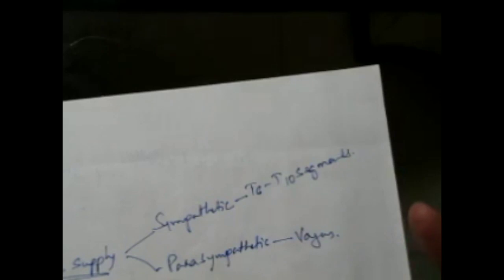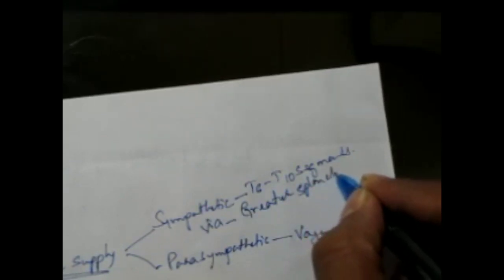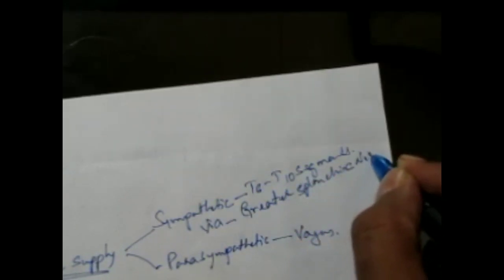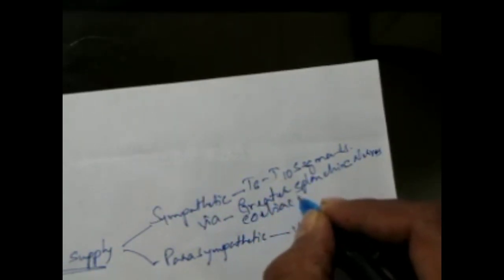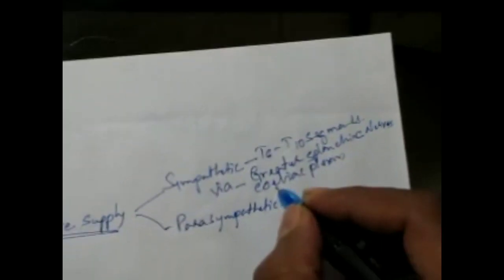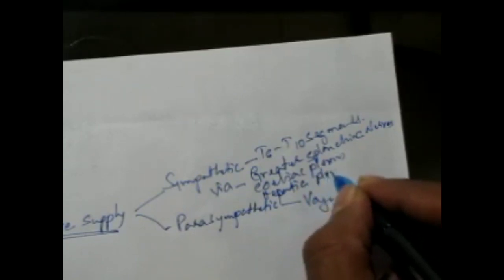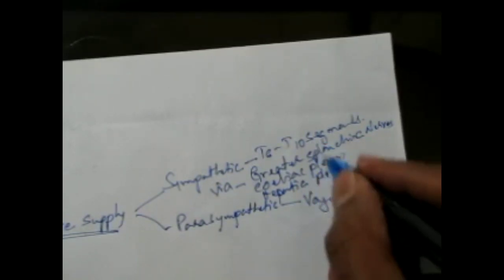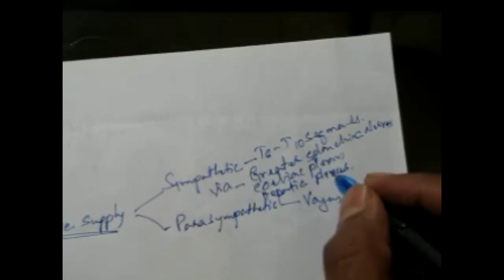Sympathetic is from T6 to T10 spinal segments, supplying via the greater splanchnic nerve, celiac plexus and hepatic plexus. All these nerves follow the course of the arterial supply up to the stomach.